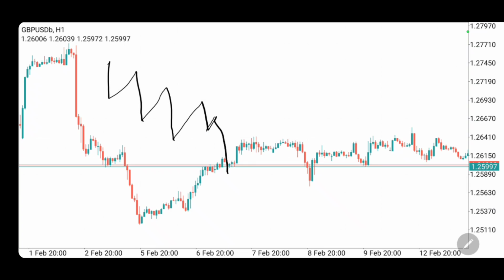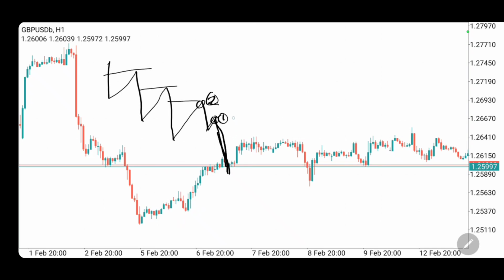So now this is zone 1 and zone 2. Which one should you trade? Let me ask you now. Should you trade zone 1 or zone 2? These are mitigations. Now this is the setup. Zone 1 or zone 2?